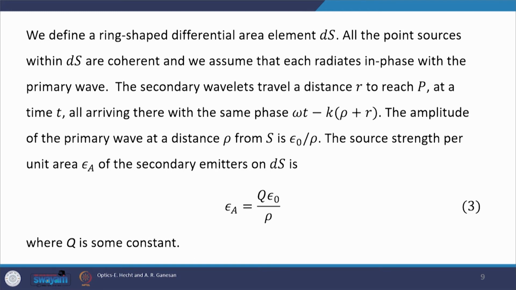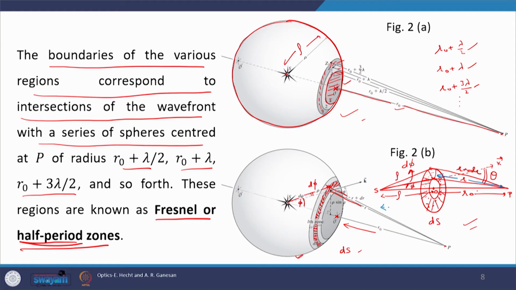We made this statement that all the point sources on the area element are coherent and they are radiating in phase. Therefore, all the light which reaches point P from this area element would be in the same phase. And how to calculate this phase? This phase would be omega t minus k into the total distance travelled. And what is the distance travelled here?